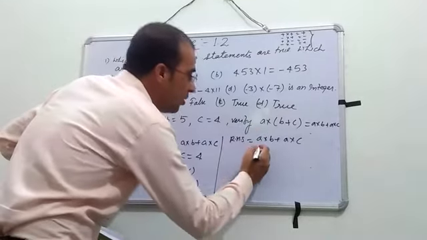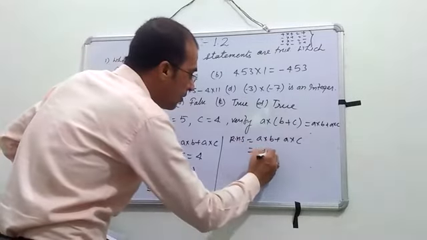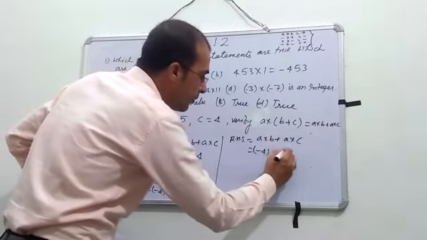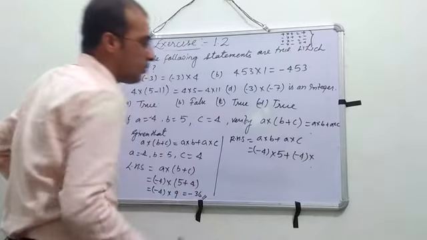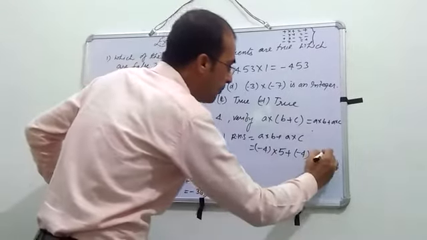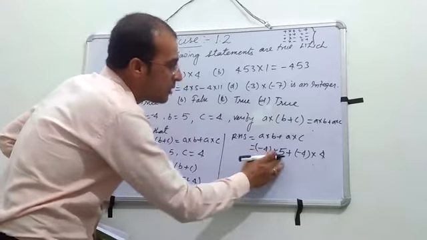So what to do? A equals minus 4 into B equals 5, plus A equals minus 4 into C equals 4. So again minus into plus, because this is minus, this is plus.